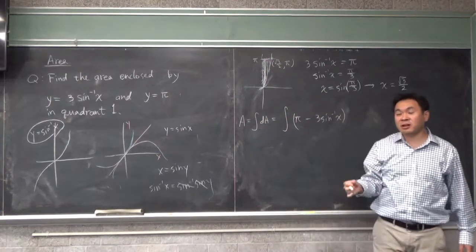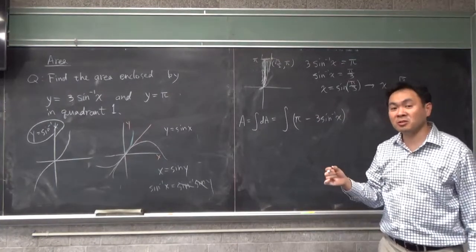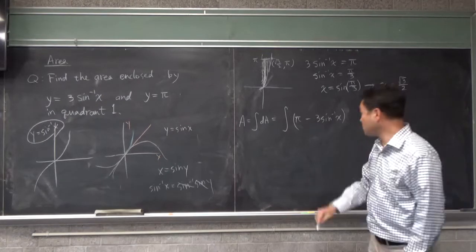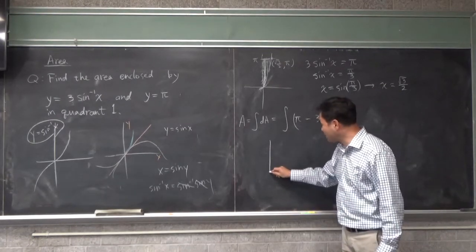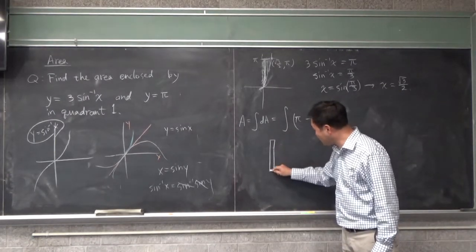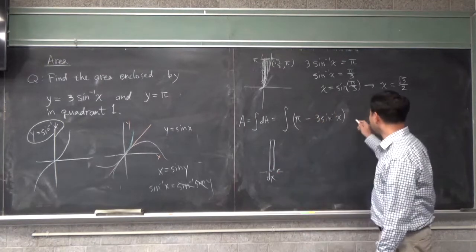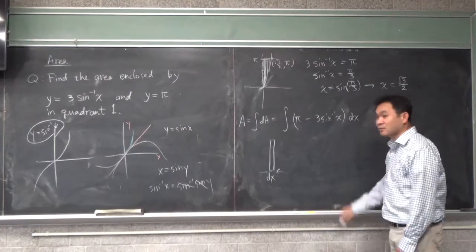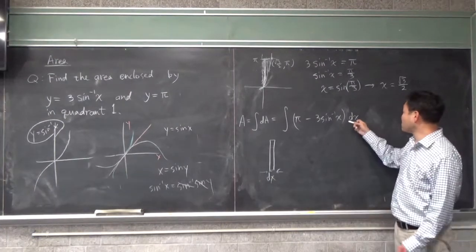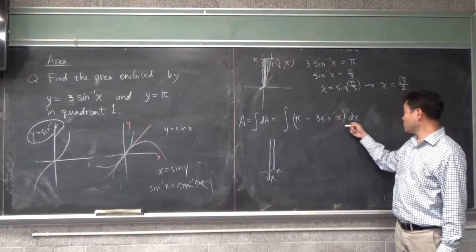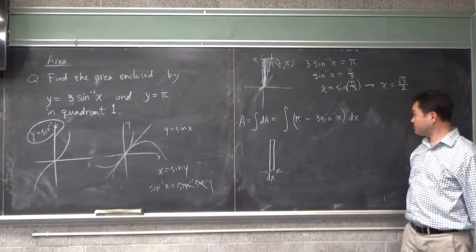Now those vertical lines must be thickened in which direction? Look, you have a vertical line. We have to thicken it like this. What is this length? That's dx. So that must be multiplied by dx. And it's perfect because this is already a function of x, so having dx is fine.